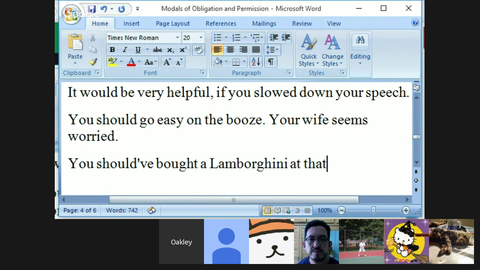Look at that. I remembered how to spell Lamborghini. I have learned something today. Okay. All right. You should have bought a Lamborghini. Notice the past tense form again. Past advice. Very good.